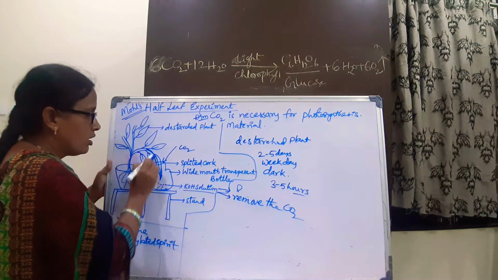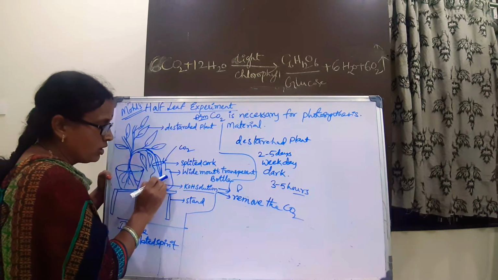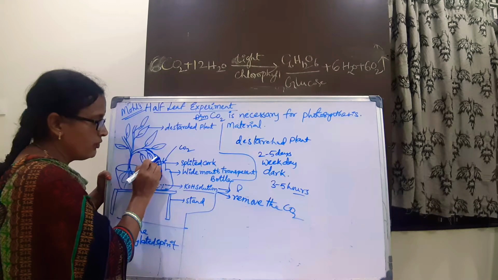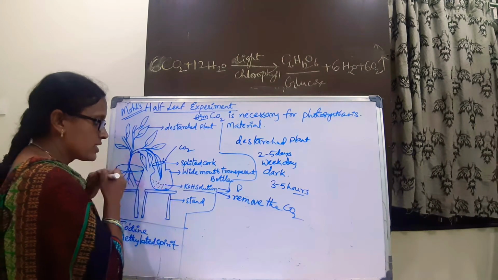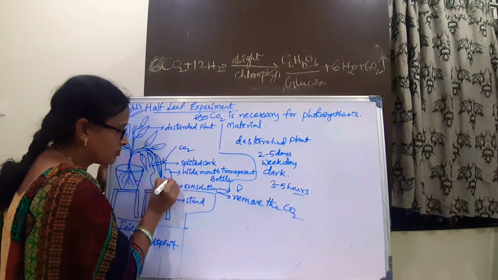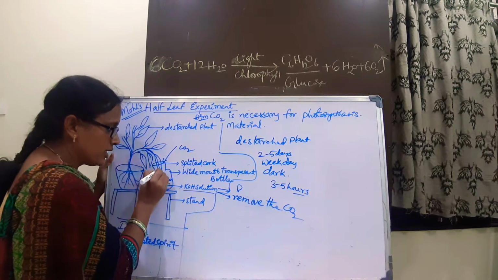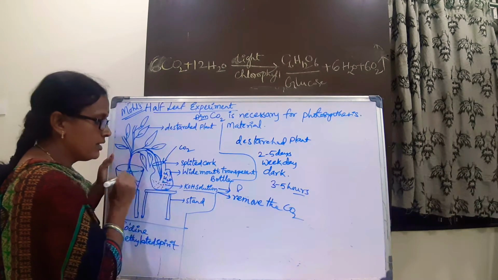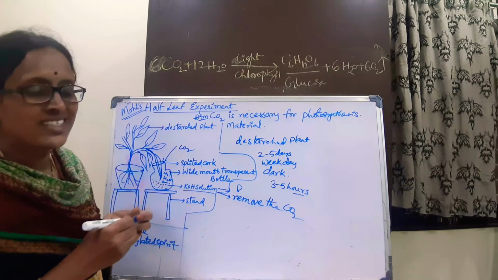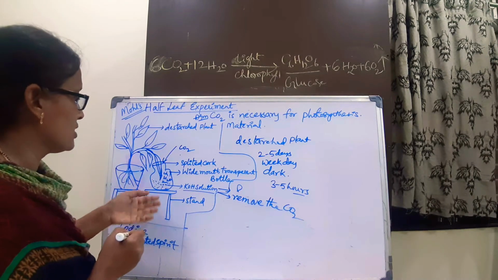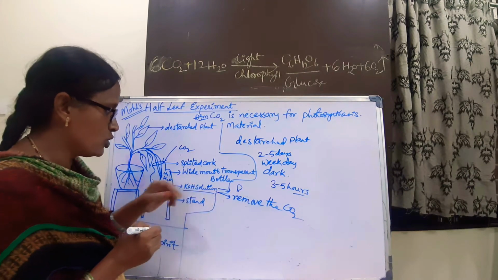But coming to the leaf which is inserted, here we have removed the carbon dioxide, but the outside leaf is getting the carbon dioxide, everything. This leaf is getting water, sunlight, and chlorophyll of course is there, but not carbon dioxide. We are strictly stopping the carbon dioxide inside the leaf by using KOH solution.